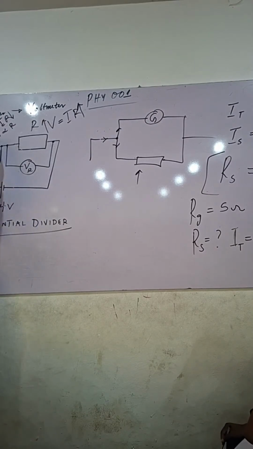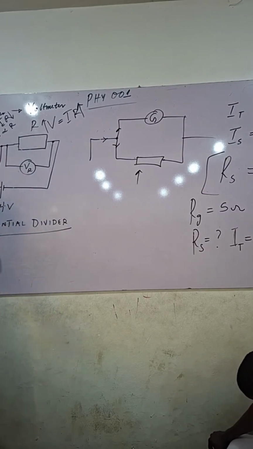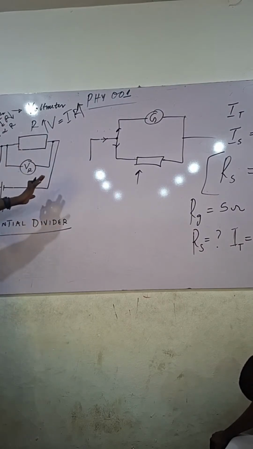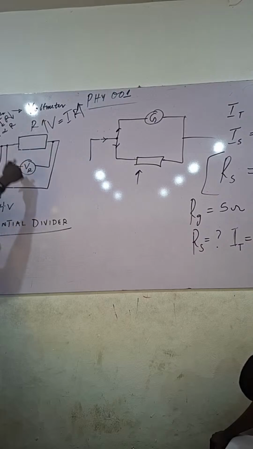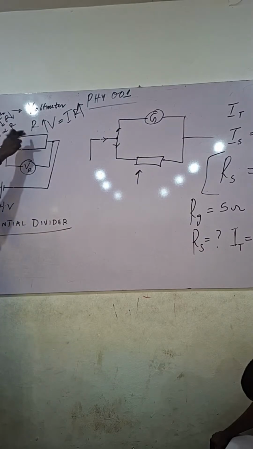If it passes through the galvanometer, it will come out and it will pass through the resistor. So the current that will flow through both of them is the same. So it's not that we are saying that if the resistance is high, current will still pass. But the only thing is that extra work will be done so that the same amount of current is passing.